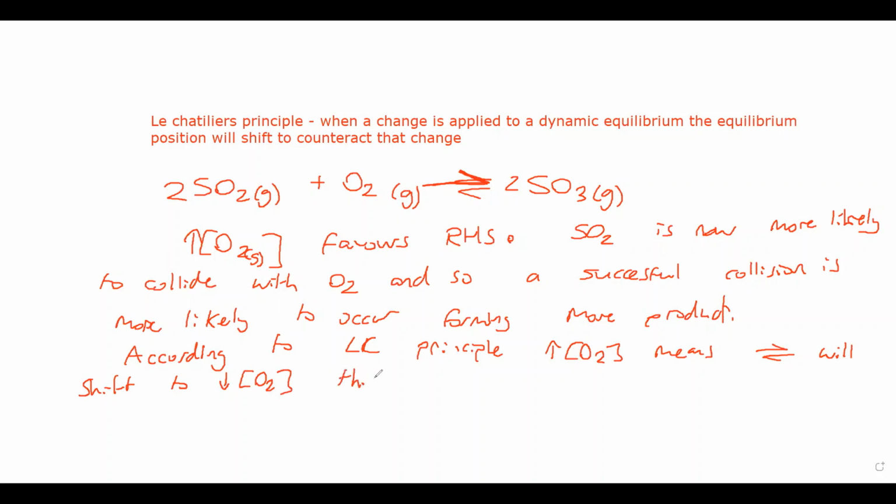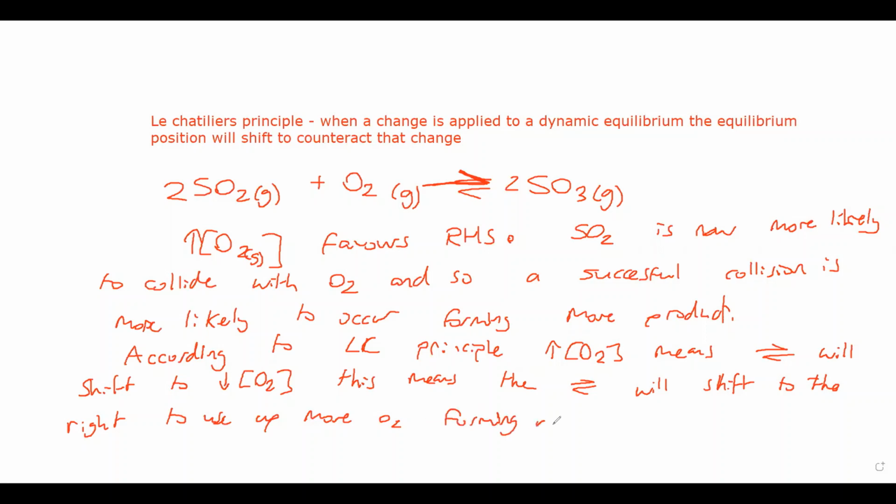So this means the equilibrium will shift to the right to use up more O2, forming more product.